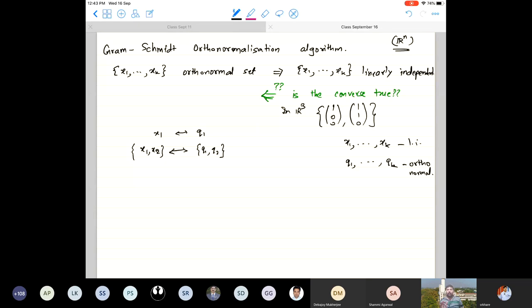But I will not give you an arbitrary orthonormal set with k entries. I will do it in such a way that span of x1 is the same as span of q1. I'm building it really. Then span of x1, x2 is the same as span of q1, q2. Then span of x1, x2, x3. I'll construct q1, q2, q3 in such a way that this span actually matches this span.